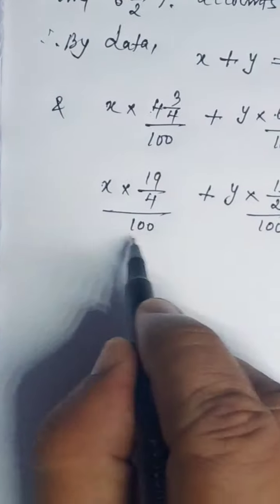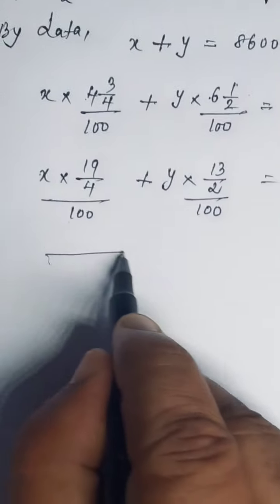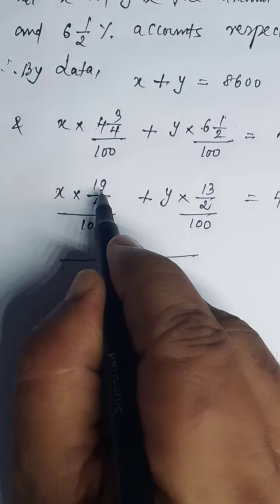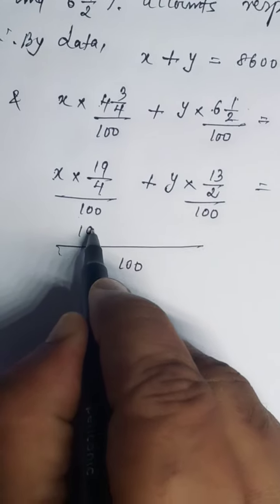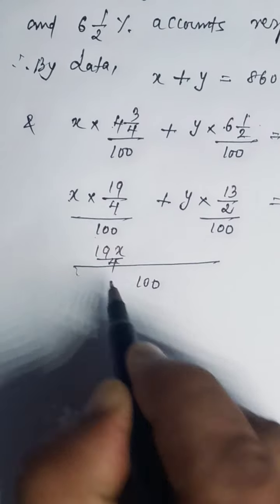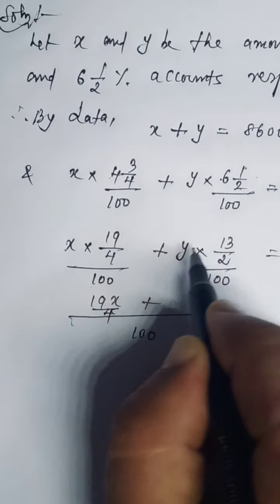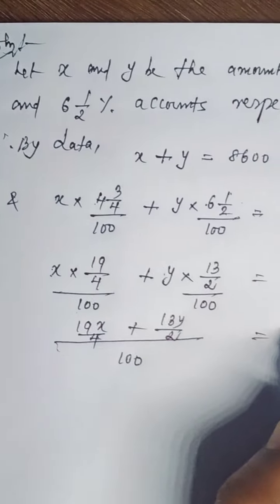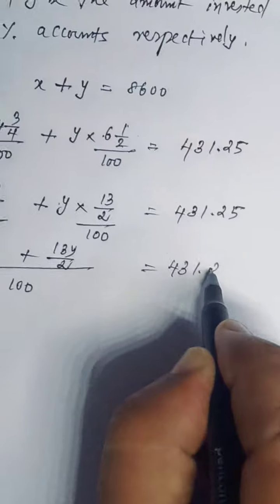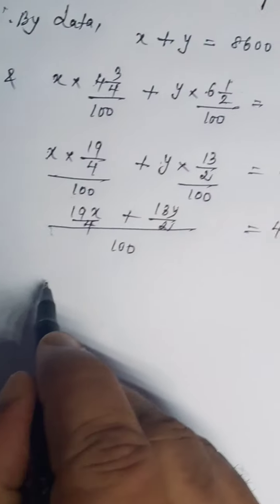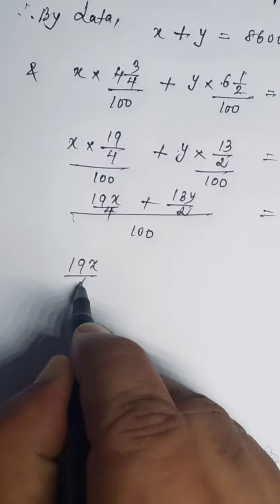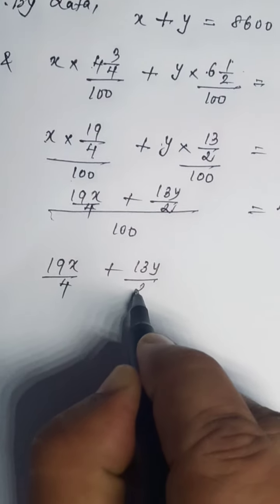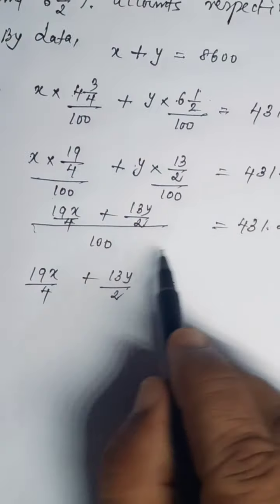Now both the denominators are same, so common denominator 100. Now x into 19/4, that is 19x/4 plus 13y/2, that is equal to 431.25.